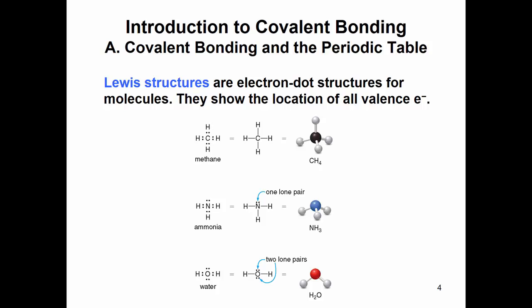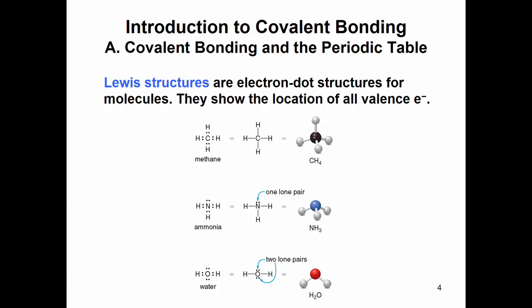We're going to learn to draw Lewis structures, but first we just want to show you what they look like and what that means. A Lewis structure is basically the bookkeeping of electrons in a molecule, showing with lines the best way that we know how to show the structure and the arrangement of atoms in a molecule on paper.